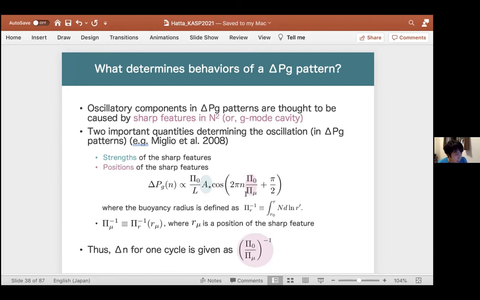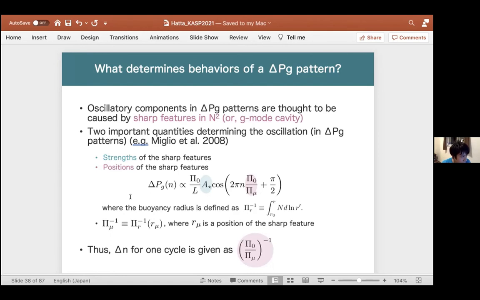And please note that here, the pi r, the variance radius, is defined like this, so the integration of the Brunt-Väisälä frequency. And pi 0 is the variance radius for the whole G-mode cavity. And pi mu is defined like this, so the variance radius of the position of the sharp feature.